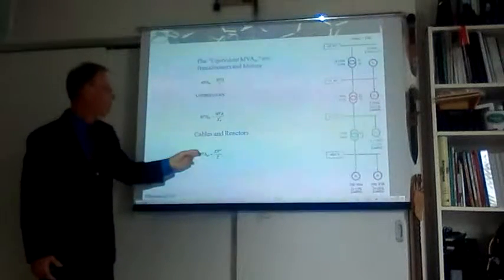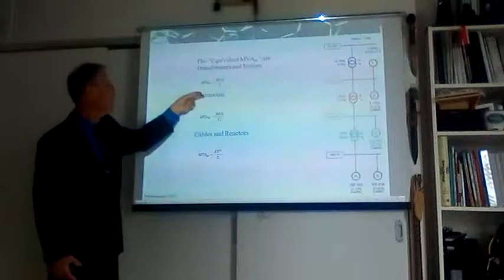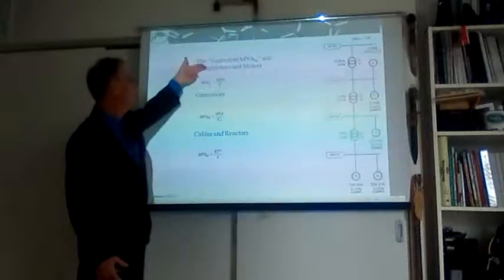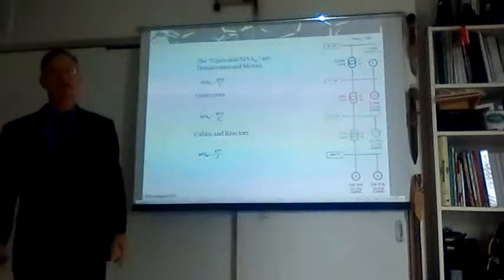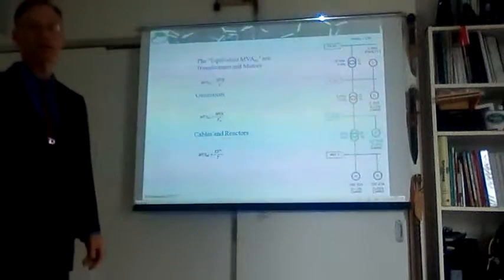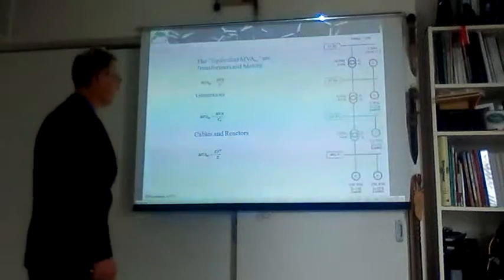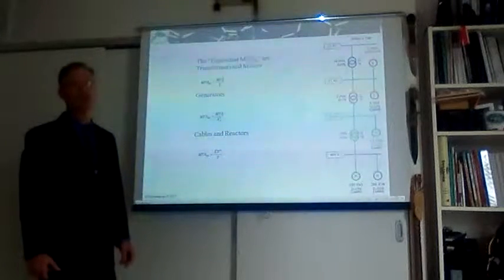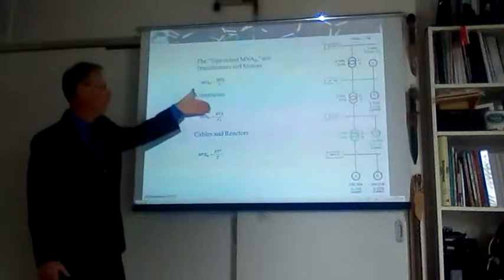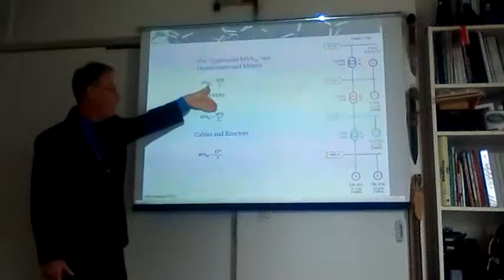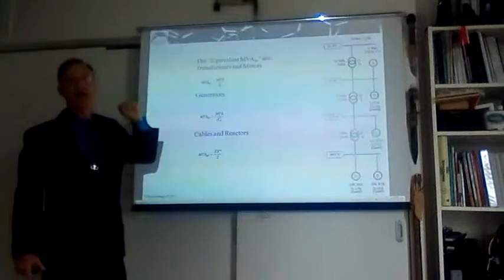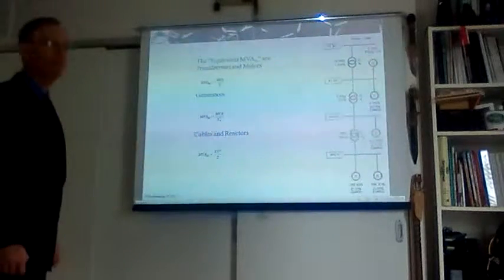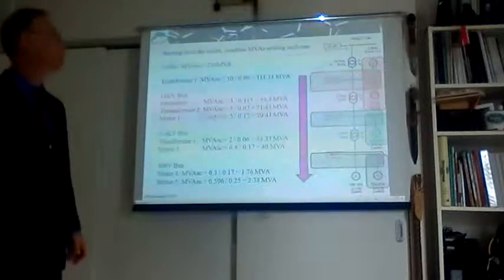For cables and reactors, this is the way. For generators, this is the way. For transformers, it's the MVA divided by the internal impedance. So in most cases, we can see the effect during a short circuit as its total nominal MVA divided by its internal impedance. And that's what we will do for each and every component.